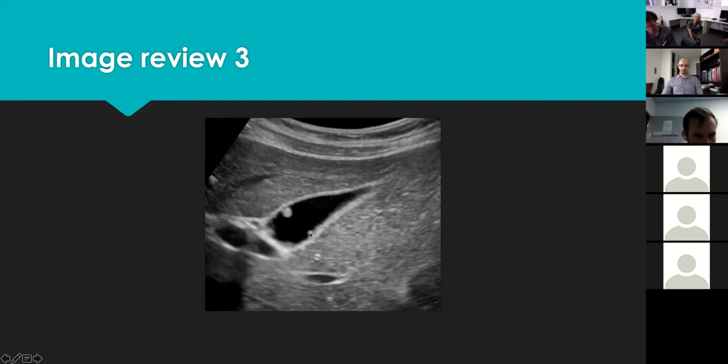So again, looking for vascularity, we'll be doing a Doppler examination with small gate, low velocity to see if there are any vessels there, and moving the patient to see if they move. If they're unlikely to be stones, we'd see if they're moving.